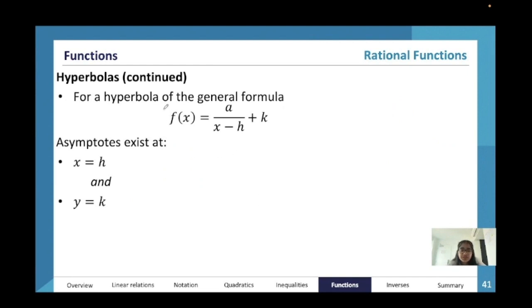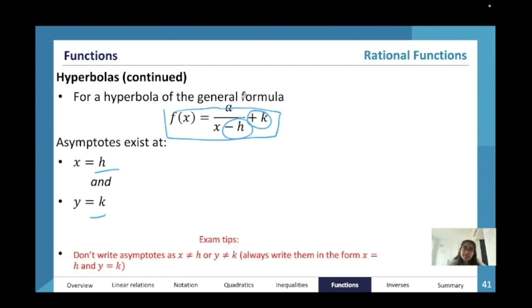So now let's move on to the general form of a hyperbola. This is something really important to remember. To save you time, x equals h, we've got an asymptote. y equals k, we've got another asymptote. And this a tells you your dilations, so how much the graph is being squished or stretched.